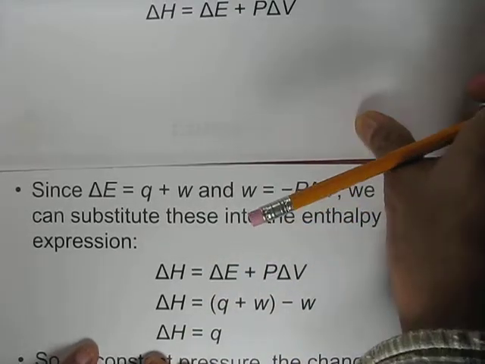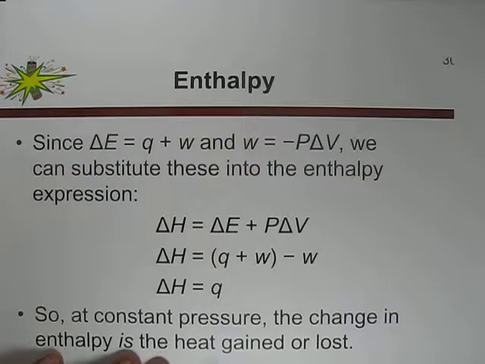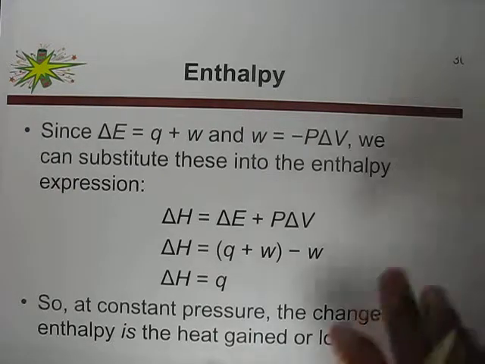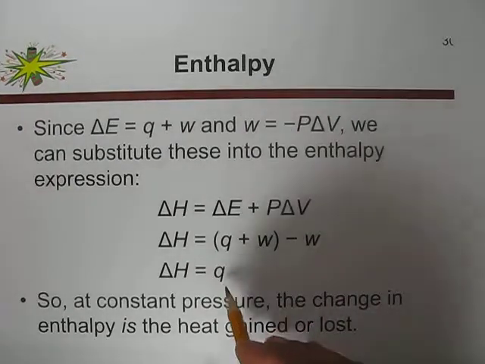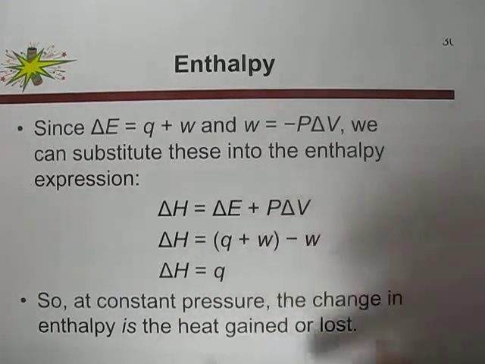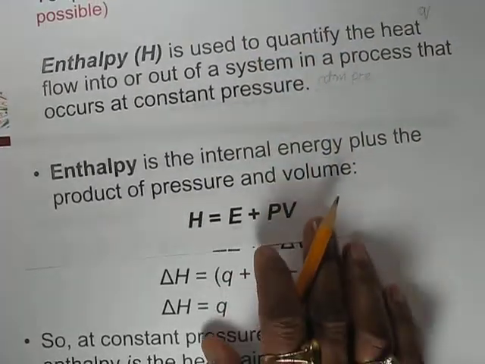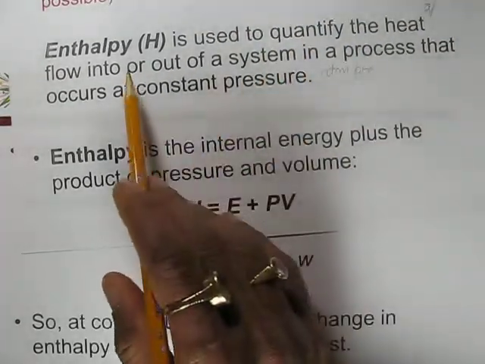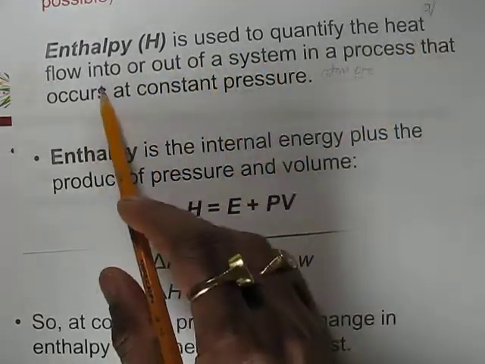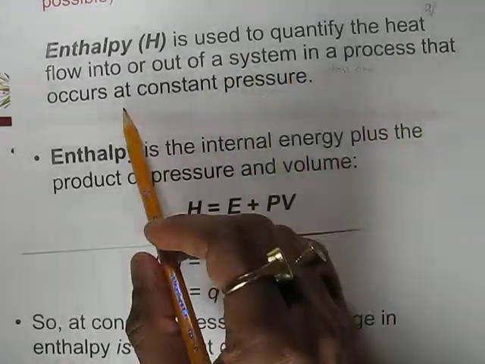So this expression says that the change in enthalpy at constant pressure will be equal to the heat gained or lost. Now you can understand the first sentence: delta H, enthalpy, is used to quantify the heat flow in and out of a system in a process that occurs at constant pressure.